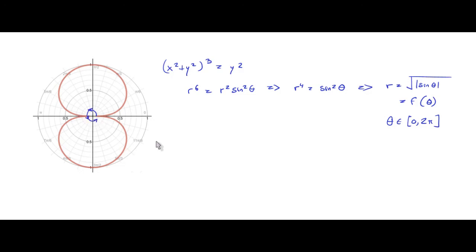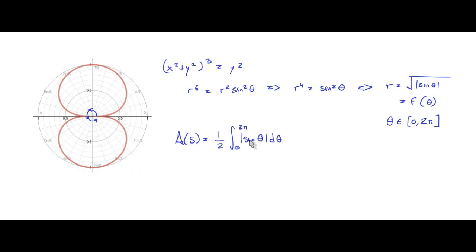So now how do we compute this integral? Well, we have the area of S is, remember, 1/2 of the integral between 0 and 2 pi of f of theta squared, which is the absolute value of the sine of theta, right?